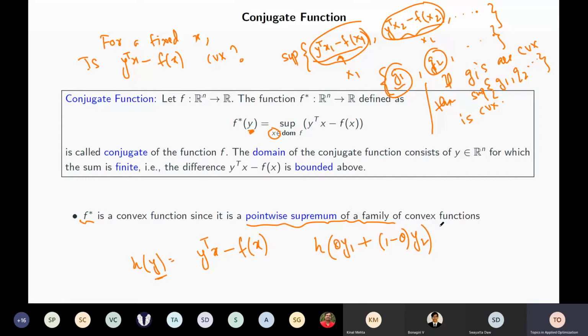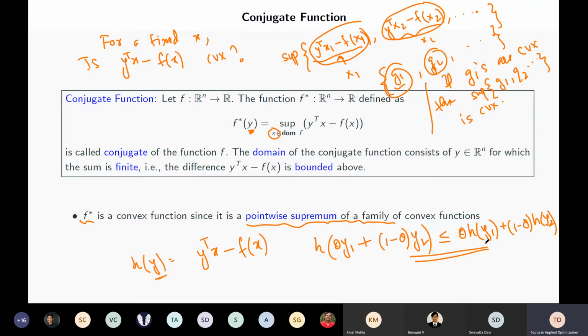So the function values on the curve joining these must be below the line joining h of y1 and h of y2. You can check that this inequality will hold.